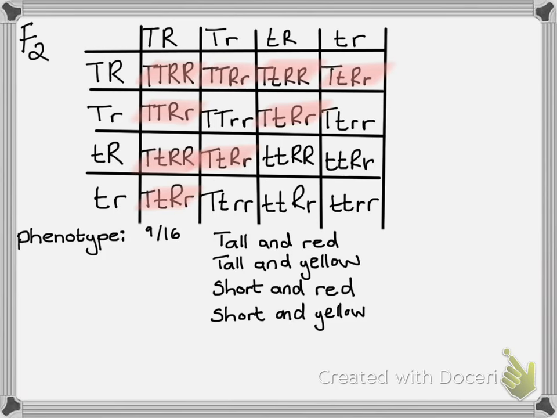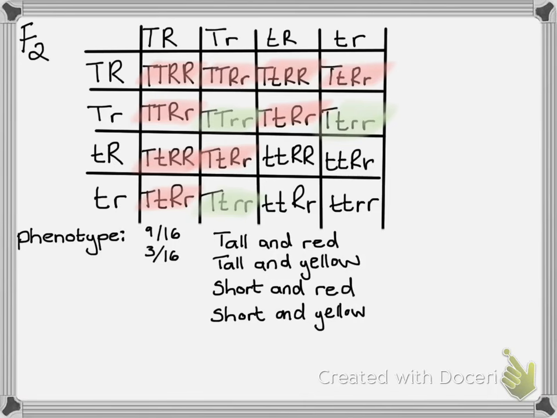Tall and yellow is going to be a capital T but two small r's. So I've got a tall yellow individual here, tall and yellow, tall, yellow, and that's it. So now I have 3 out of 16 that are tall and yellow.